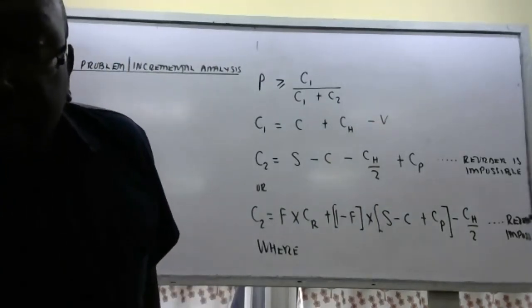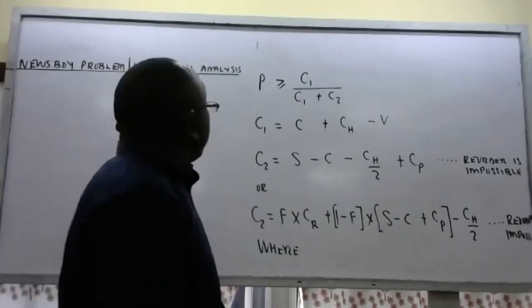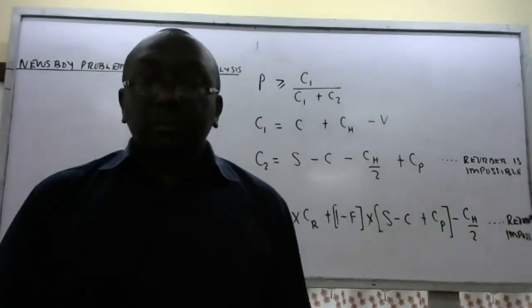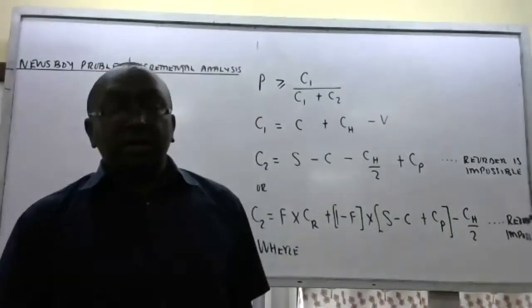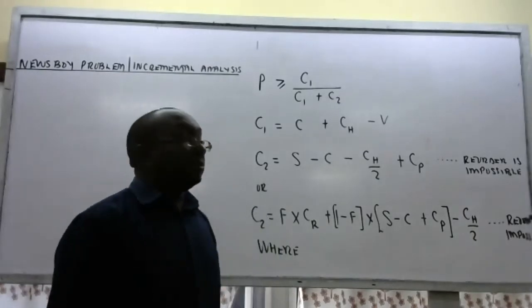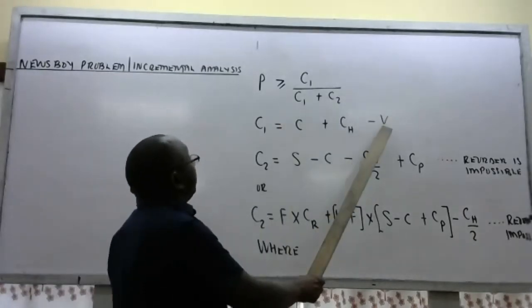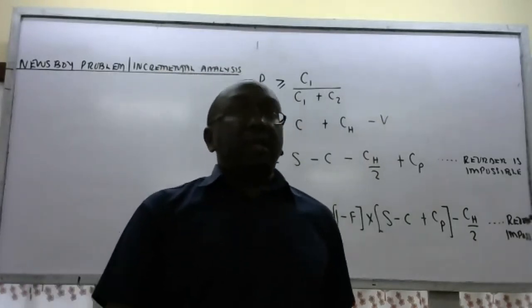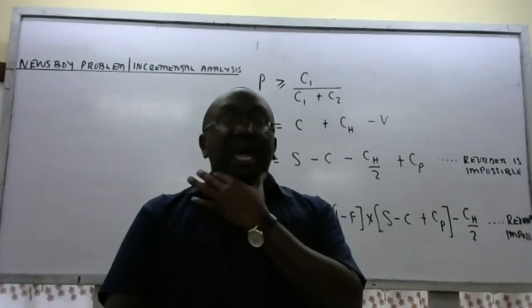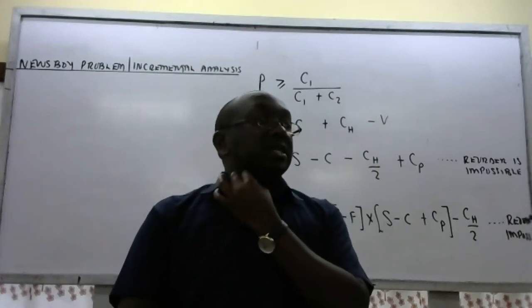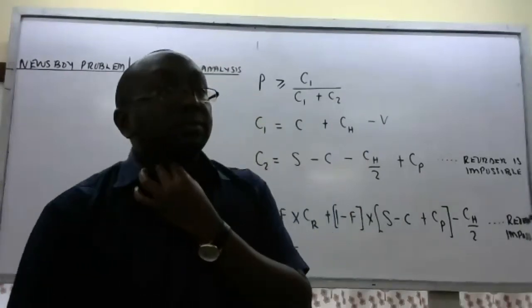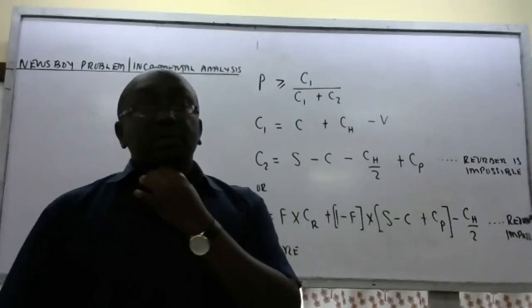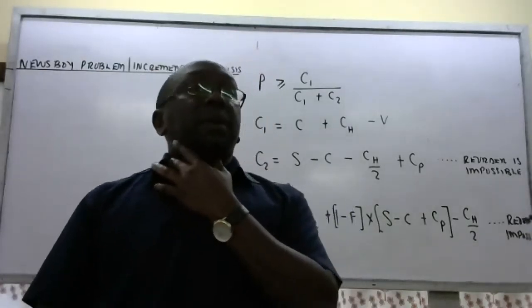CH, holding cost per unit. V, salvage value per unit. S, selling price per unit.